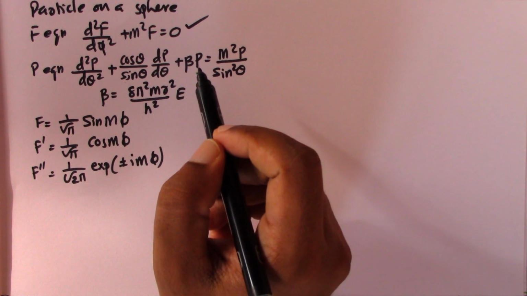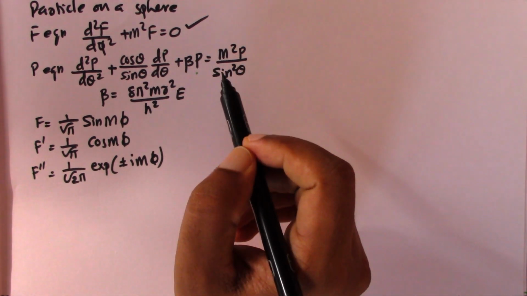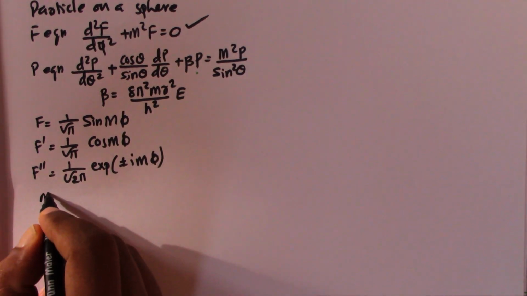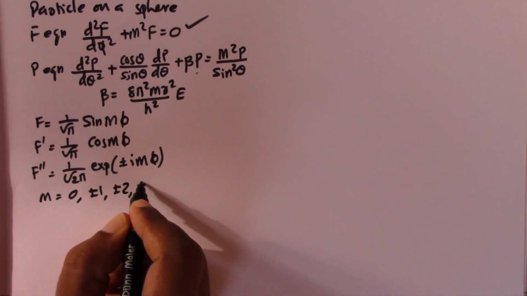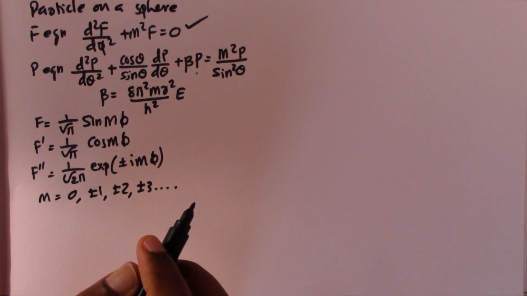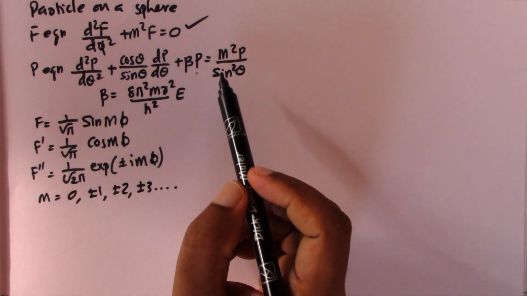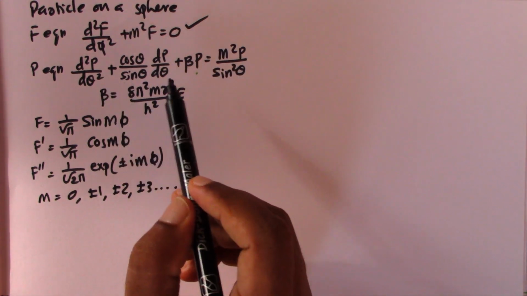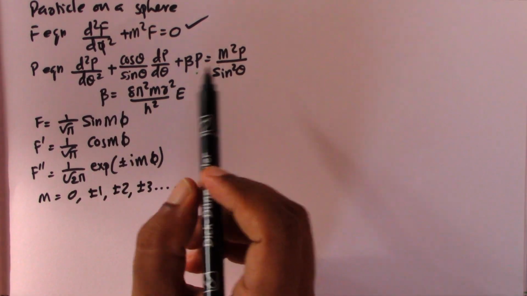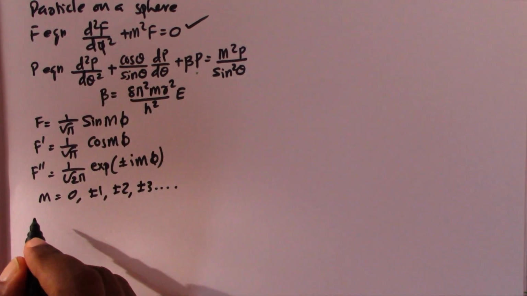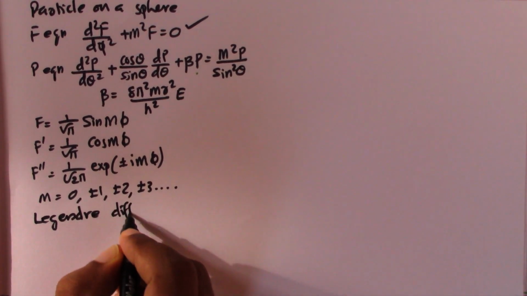Before that, we have to see that on the right hand side there is m square, and we already learned that m can have the values 0, plus or minus 1, plus or minus 2, plus or minus 3, etc. Therefore, for each value of m there will be a different P equation, and this P equation is called a Legendre differential equation.